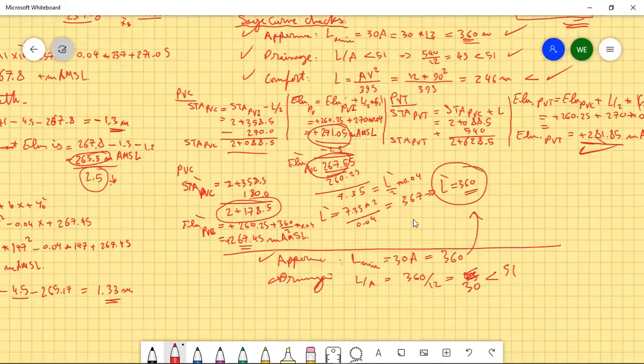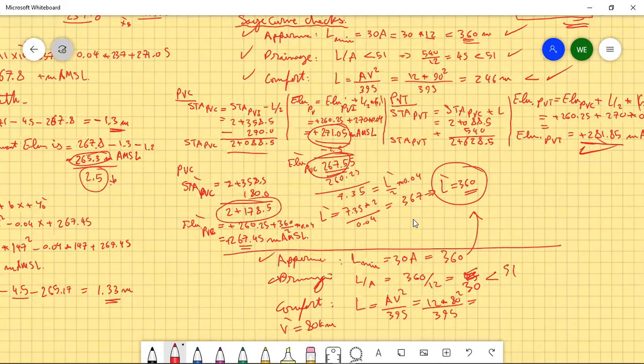For the comfort, let's assume that V dash equal 80 kilometers per hour, and let's see. So L equal AV squared divided by 395. So we have 12 multiply 80 squared divided by 395.